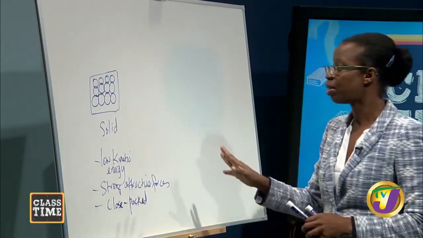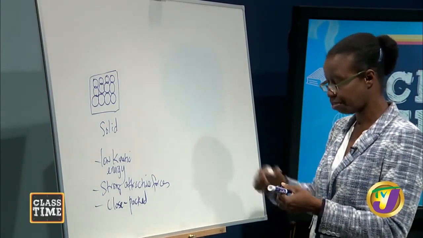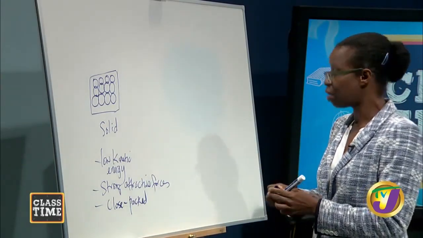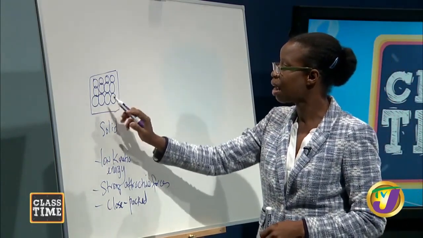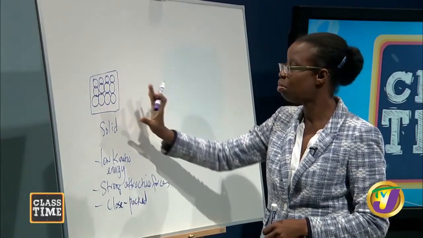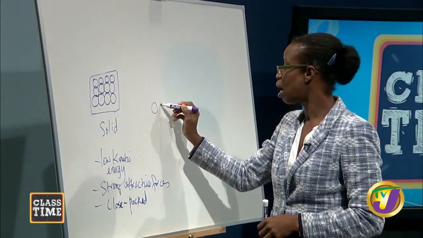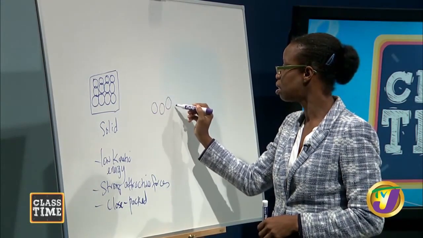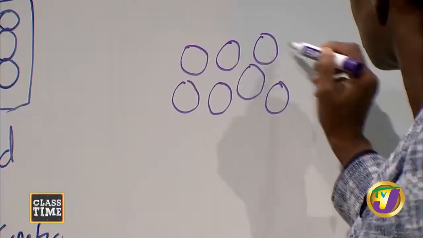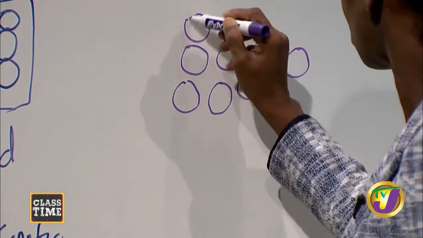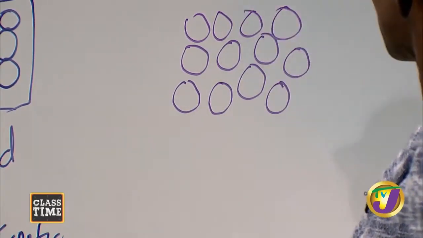Now, what about a liquid? How would this differ from a solid? So if we were to draw some representation of a liquid, in this case, I have 8 using the same number of particles. That's not 8, that's 12. Okay, all right.